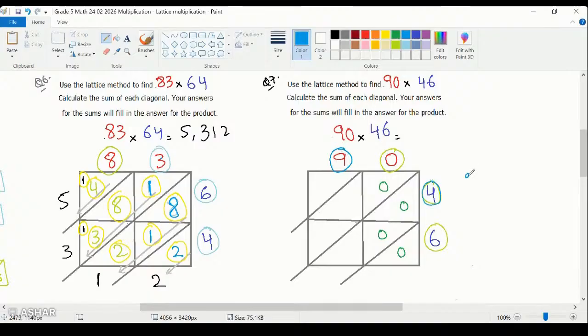When 9 is multiplied by 4, we get 36. And we can say the 36 can be written as 3 and 6. Thank you, Fortuna. Because 0 multiplied by any number would be 0, right?